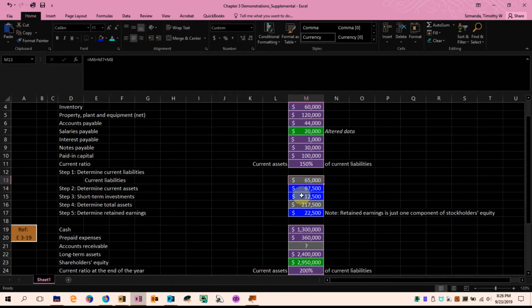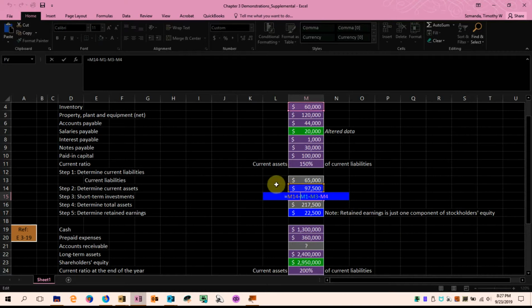The next step was to determine the current assets, and here I'm going to take the current liabilities and multiply it by 150% because that's our ratio. So if the assets are 150% of 65,000, that would give $97,500. So now we have our current liabilities and our current assets. The next step is to determine the short-term investments.